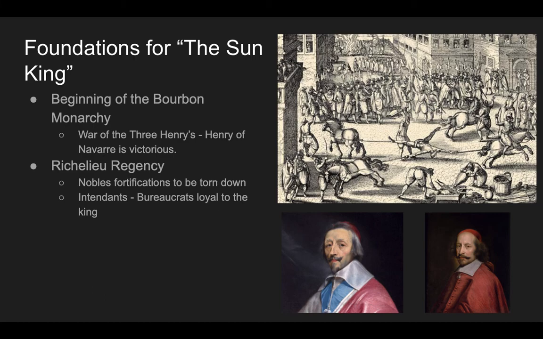Now, these individuals are, of course, going to be granted titles of nobility as well if they're not nobles already. And that's going to lead to something known as nobles of the robe instead of nobles of the sword. And we're going to get to that in just a second.